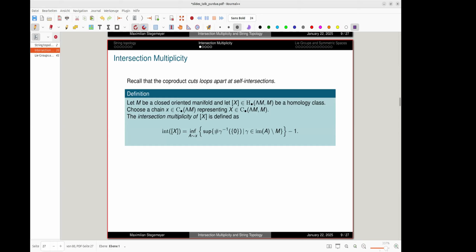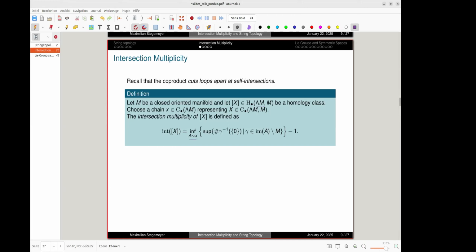Since I have intersection multiplicity in the title of the talk, I wanted to give the proper definition. As usual, we look at closed oriented manifolds and then at homology classes in this relative homology. Then you have this relative chain X, and you choose a chain small x which represents this. Then the intersection multiplicity of this homology class is defined as follows.